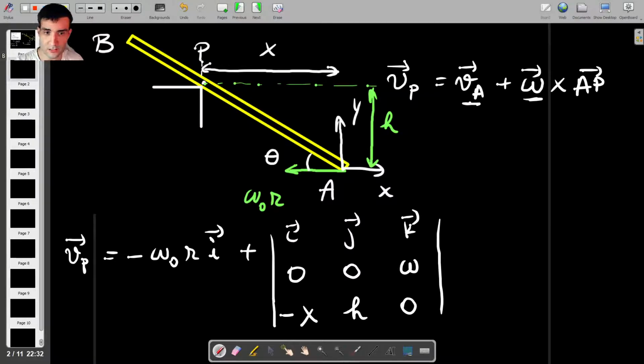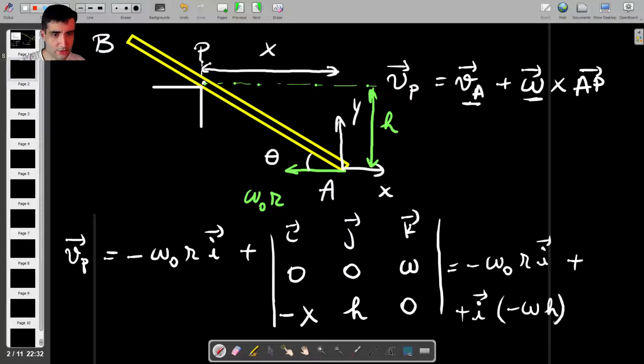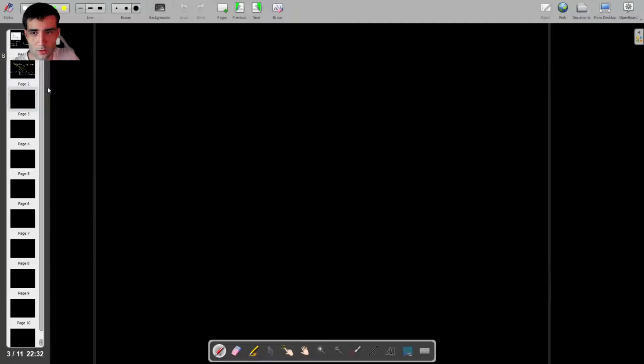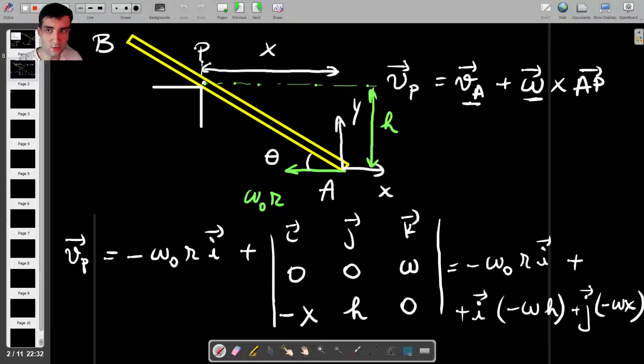Okay, so if we solve this determinant, then we can find out what the velocity of point P is. So this is minus omega naught r times i plus i times minus omega h, and the j component, the y component, is going to be minus omega x. Okay, and I'm going to write this on here. So we have the velocity of point P as, and here's what I'll do.